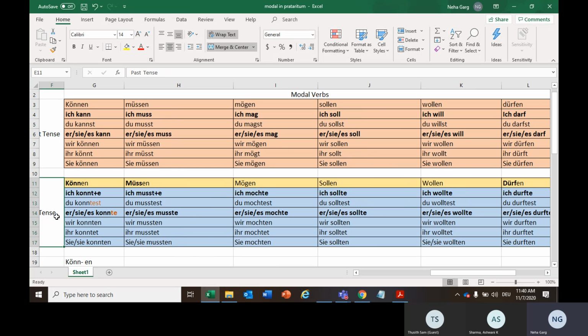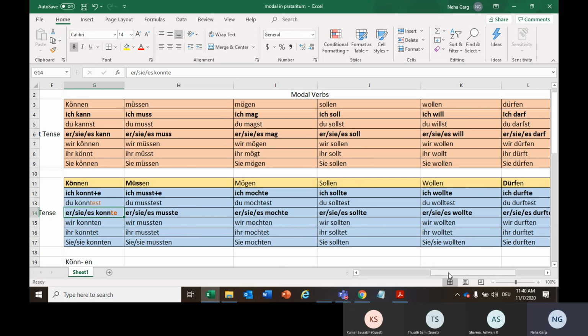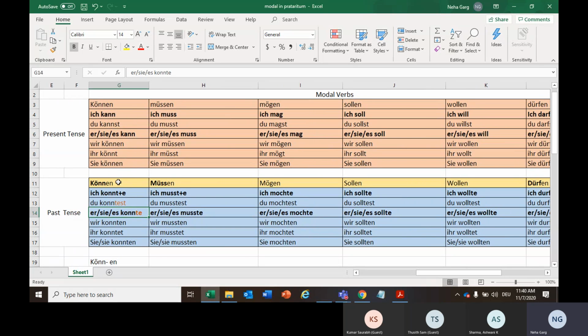Now, talking about conjugation, in present tense the stem word changes a lot. But in past tense, this is pretty simple to learn. Again, the same rule applies for ich and er, sie, es. The conjugation will be the same in present tense also and in past tense also. So now let's see how modal verbs are conjugated in past tense. So können first.